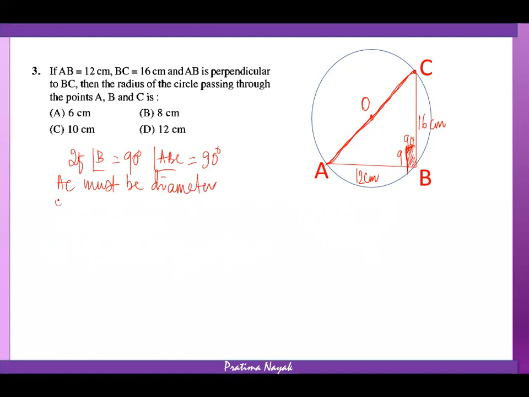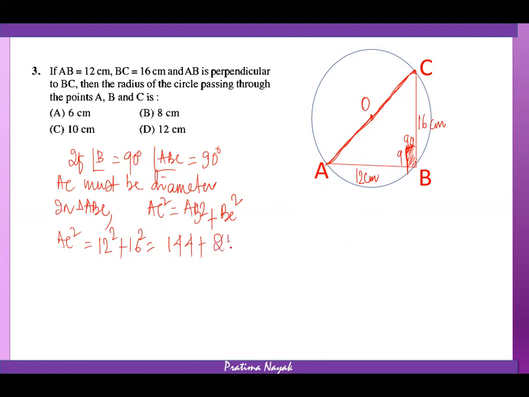Then I'll apply Pythagoras theorem in ABC. AC square is equal to AB square plus BC square. So AC square is equal to 12 square plus 16 square. Think quickly. 12 square is 144, 16 square is 256. If we add, you get 400.